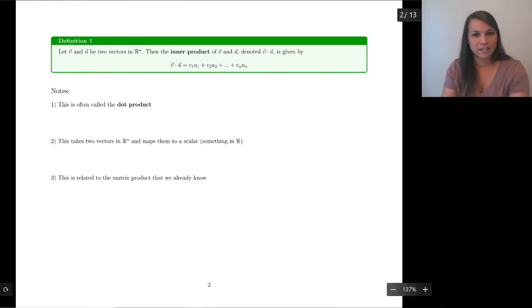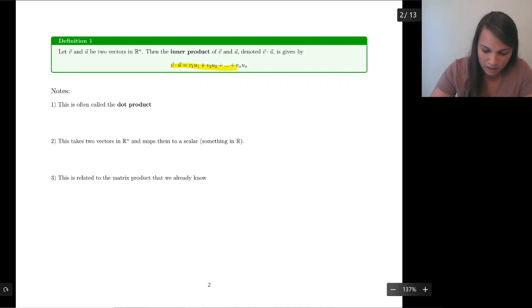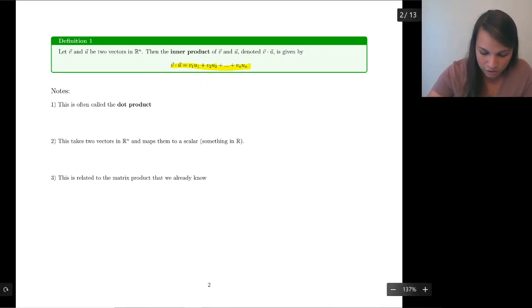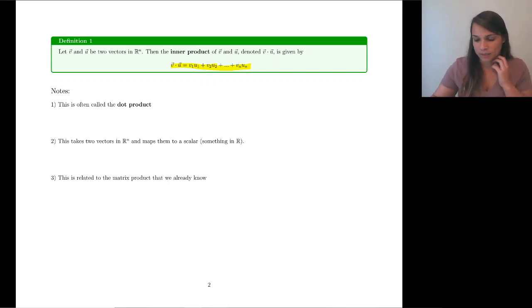So first definition, we're going to define inner product. We've got two vectors, and the inner product is just the sum of component-wise multiplication. So you just take V1 and U1, V2 and U2, all the way down to the end, and you add them up together. So note, this is often called the dot product.